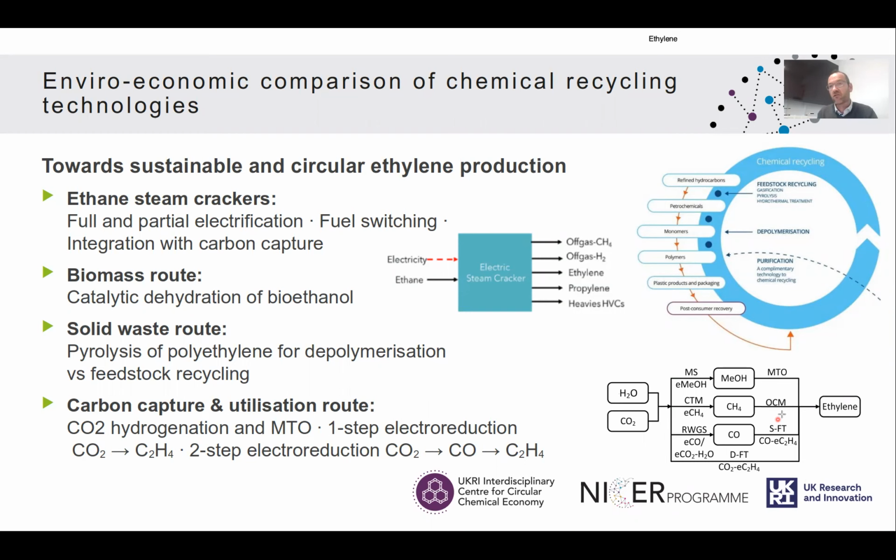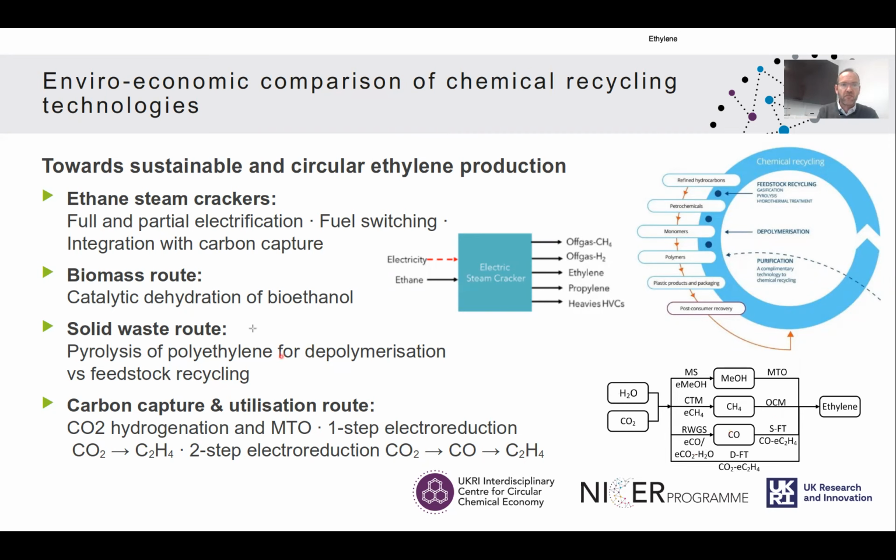We have looked at the potential of fuel switching to hydrogen. We have also looked at the potential of integration with carbon capture to reduce emissions. And one interesting finding here has been that electrified crackers do have a high potential for heat integration and therefore higher energy efficiency, which is quite counterintuitive.